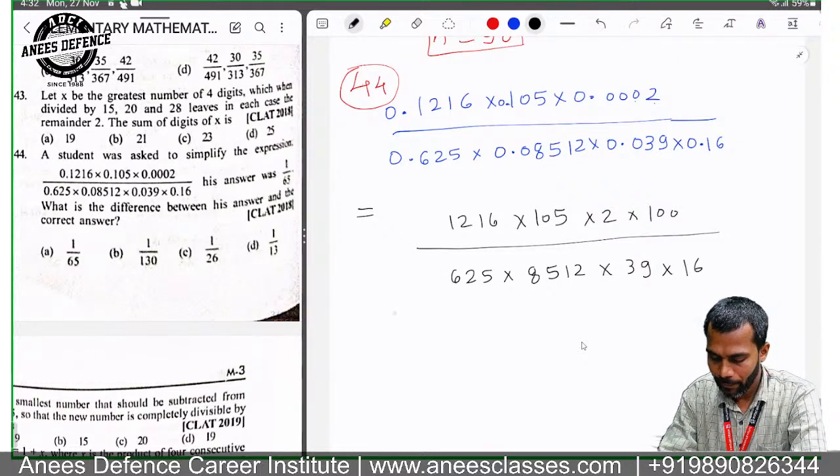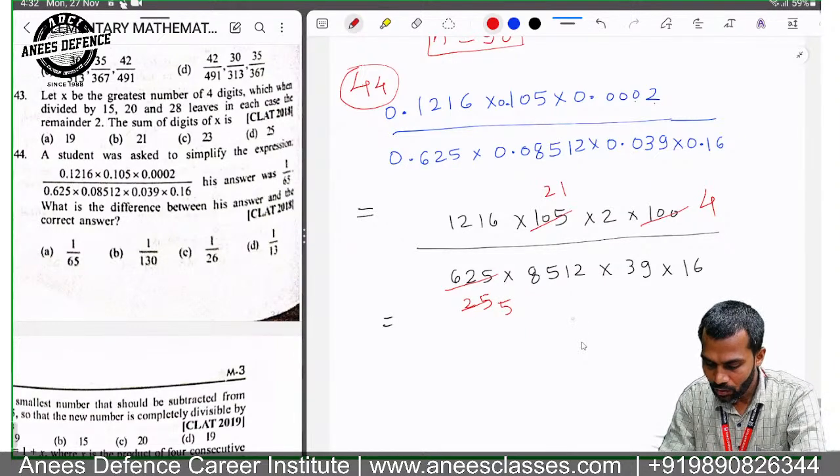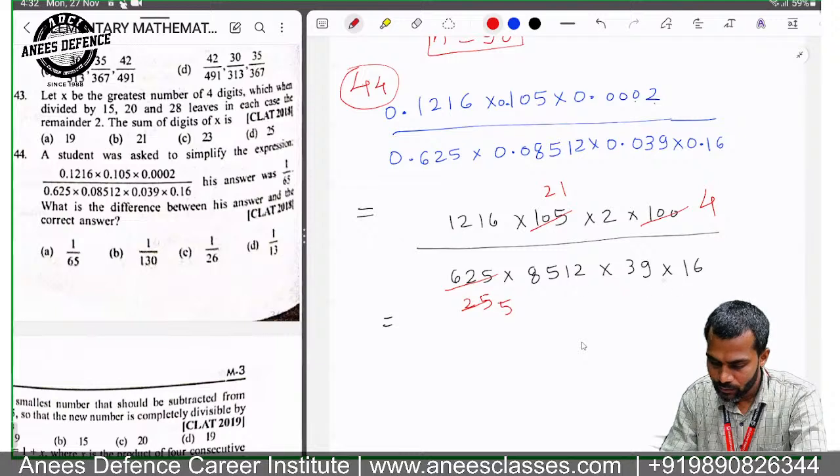Tell me. 25 into 4, 100. 25 into 25. Yes or no? Now tell me. 5 into 5 to the 10. 21 into 5, 105. Here we have got 5. 3 7s are 21, 13. Yes or no?